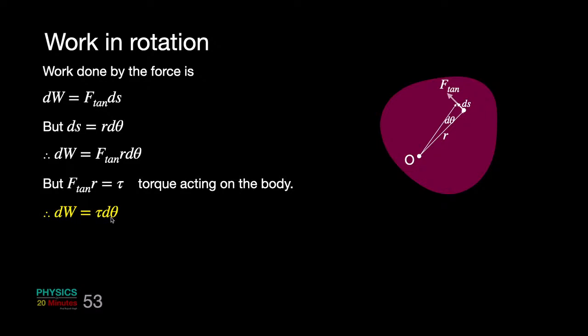If you want the total work done, then you simply have to integrate this over all the particles of the rigid body. So that's not a big task. The total work done is an integration. If you want the total work done from theta 1 to theta 2, starting from one angle and ending at another angle, then your limits of integration can be theta 1 to theta 2 of tau d theta. That will give you the total work done.